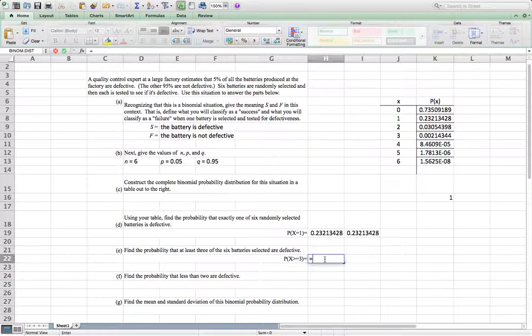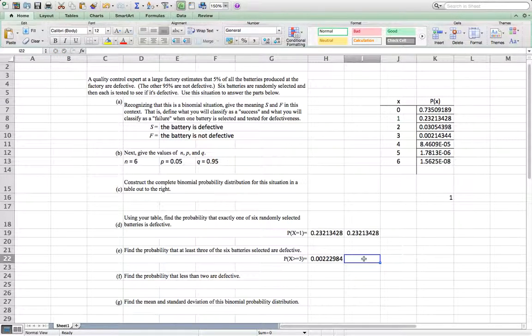One way: P(x greater than or equal to 3) is P(x=3) plus P(x=4) plus P(x=5) plus P(x=6). So I can use SUM to add up all those 4 values. That gives me the probability.